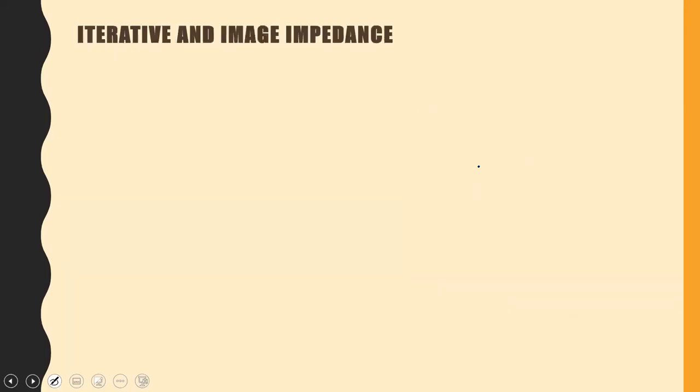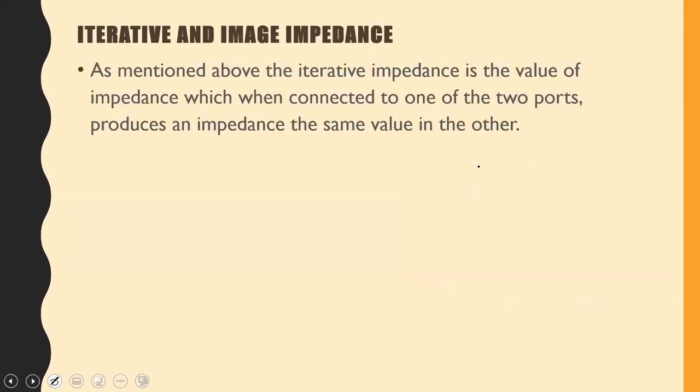All right. So we want to just expand a little more on iterative impedance and add another one to it, which we call image impedance. The iterative impedance, we have already explained, is the impedance which, when connected to one of the two ports, produces an impedance of the same value in the other port.